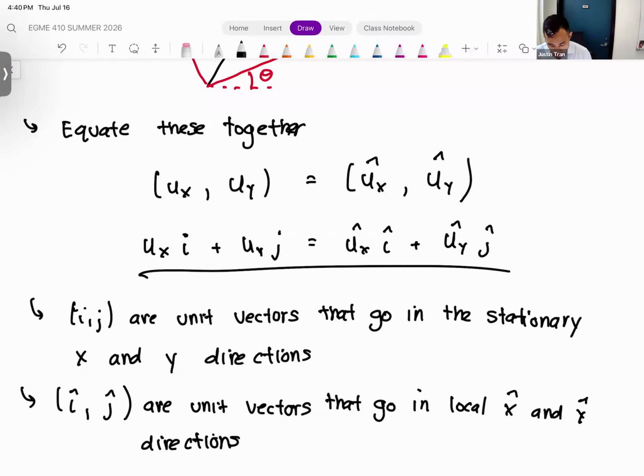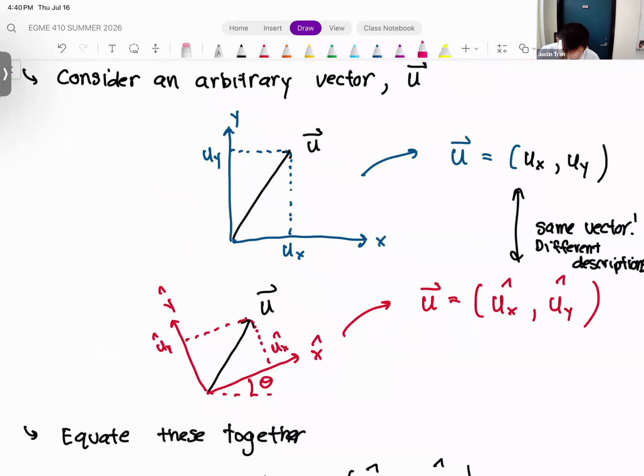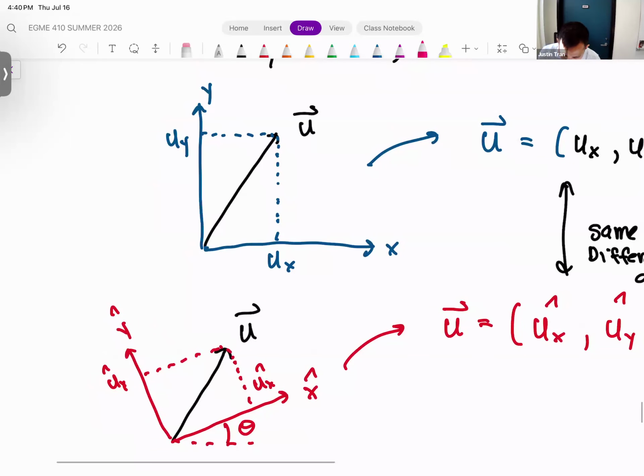So let me illustrate these i hat, j hat vectors. Let's do i and j first. The i vector is a unit vector that goes in that positive x direction. j is a vector that goes in that direction. They are unit vectors, which means they have a length of just one.